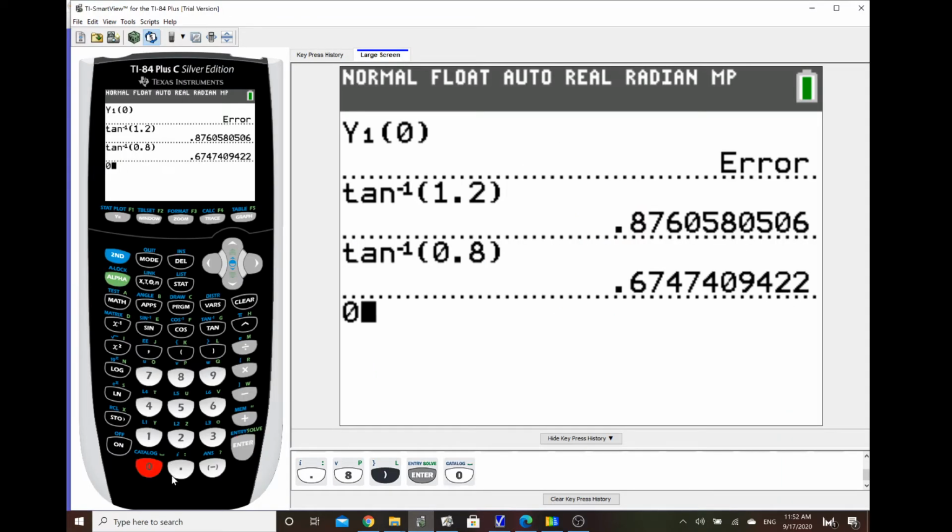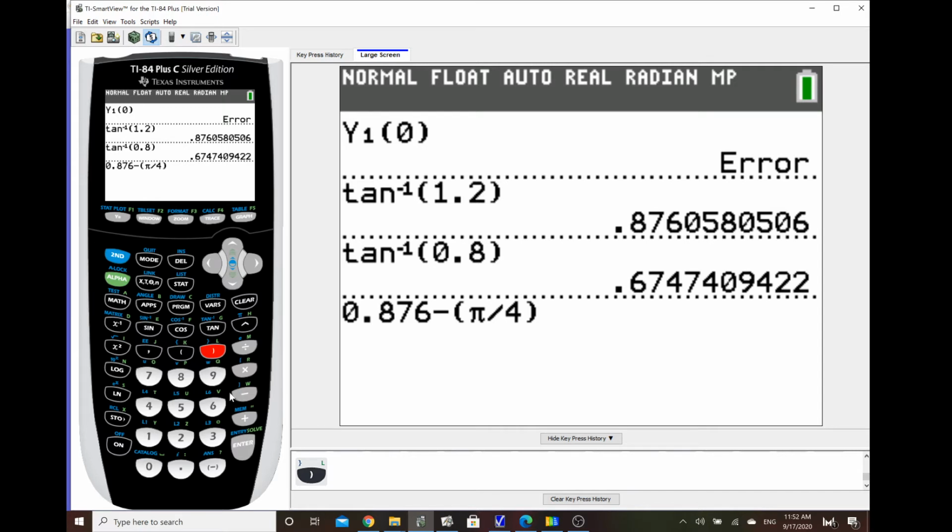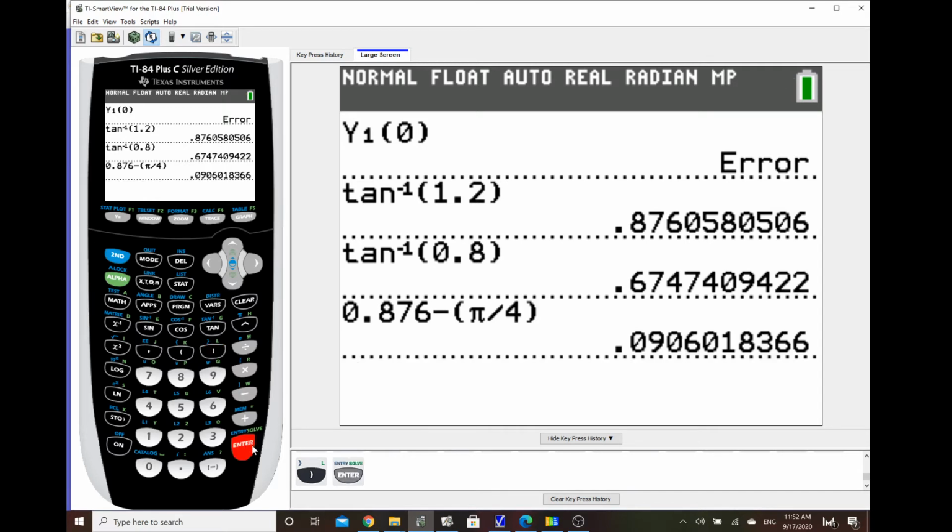If this number is negative, we want to take the absolute value of that number. This one is already positive, so it's about 0.09. As you can see, the number is getting very close to 0, and that's the value of delta.